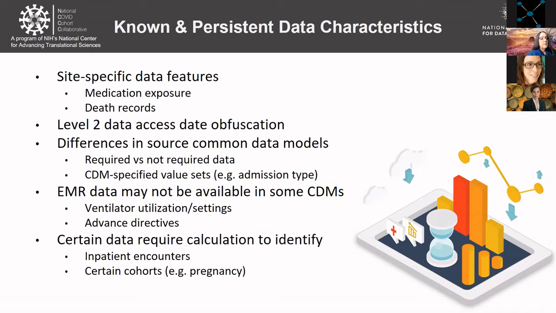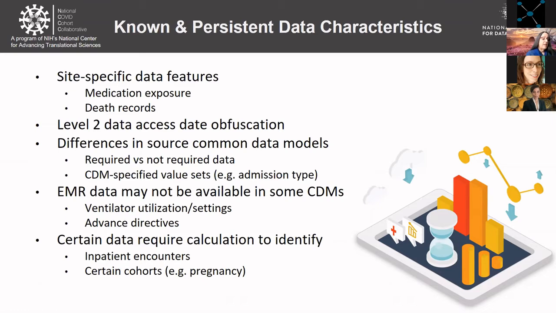As such, site-specific variations are noted in the ingestion and quality review processes and provided as reference documentation for researchers using the enclave. Level 2 access data processing performs data obfuscation as a procedure to ensure privacy requirements, as Melissa alluded to. This can impact time-based analyses in the level 2 data sets.